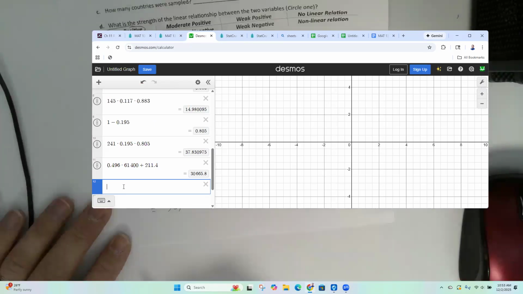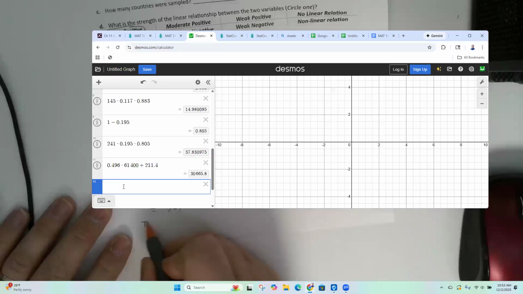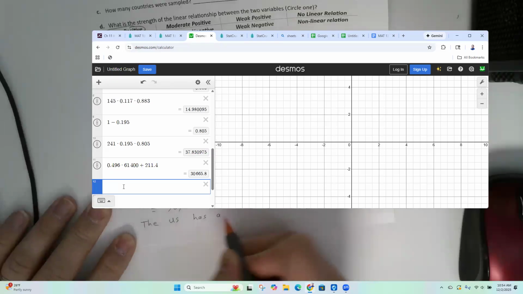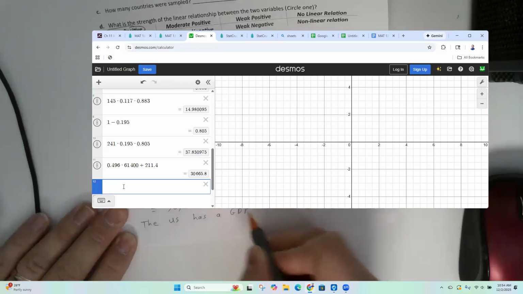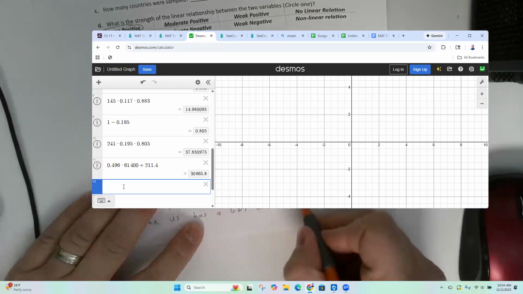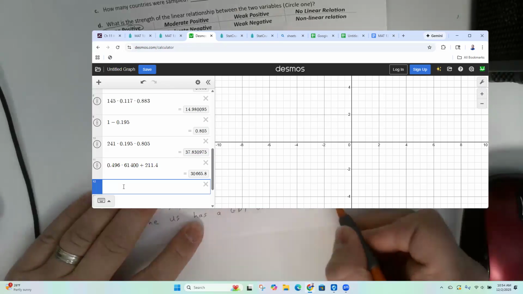Explain what these values mean. So the US has a GDP of $61,400 per person. So that's how much each person produces each year.